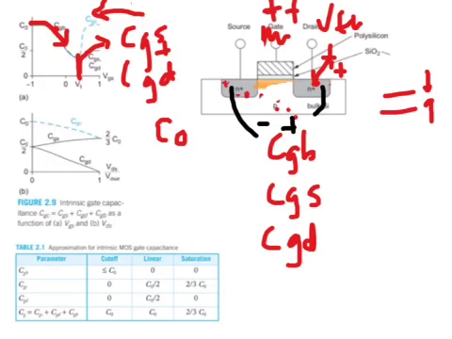And the reason this occurs is because the voltage difference at this region very close to the drain becomes less and gives rise to fewer carriers at this point here, and it pinches off the channel. And because there's presence of fewer carriers, we expect the capacitance value to go down.